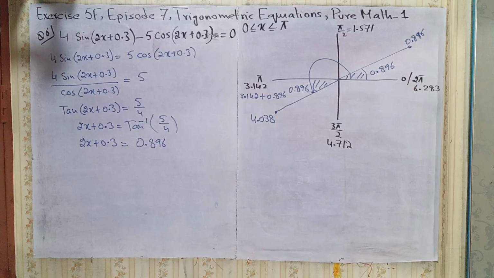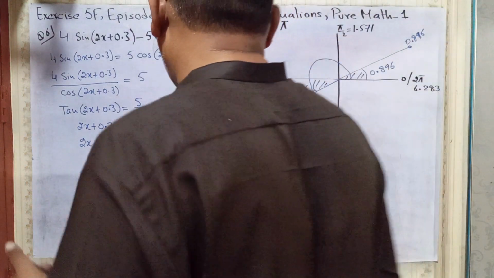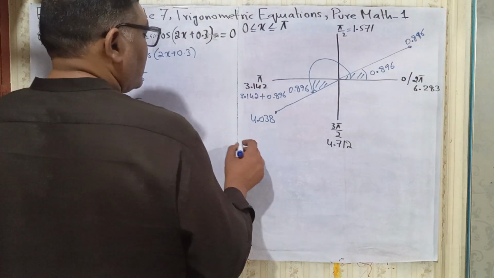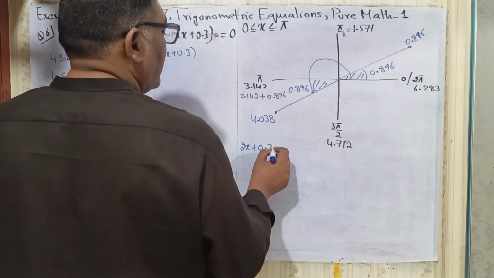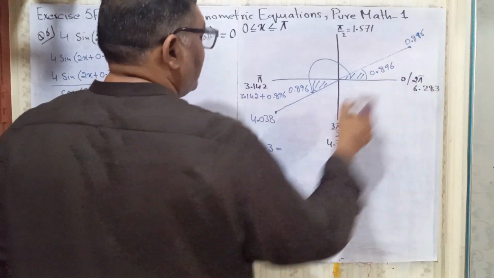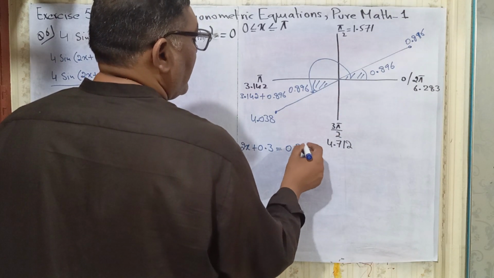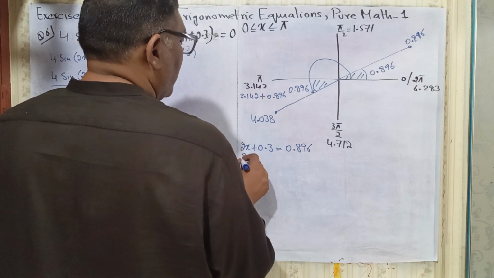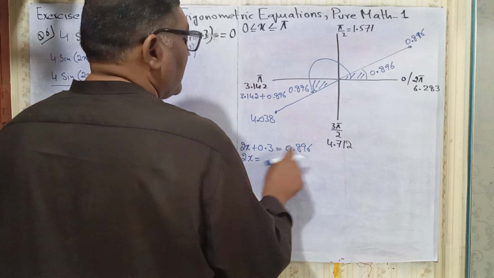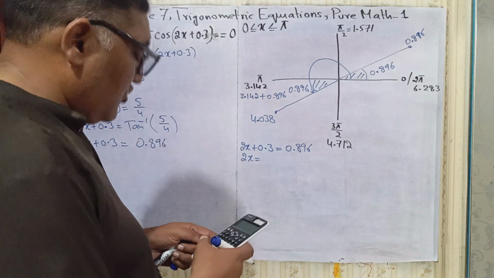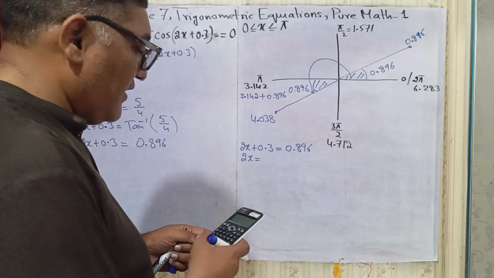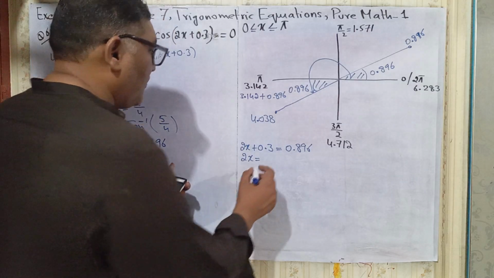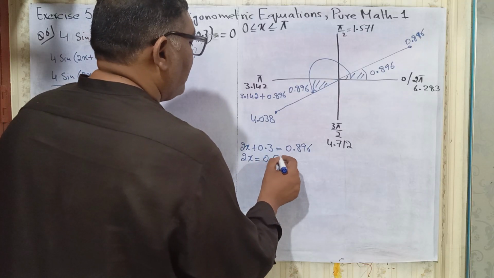Let's first of all make 2x + 0.3 equal to this angle, which is 0.896. So my 2x will be equal to 0.896 minus 0.3, which equals 0.596.